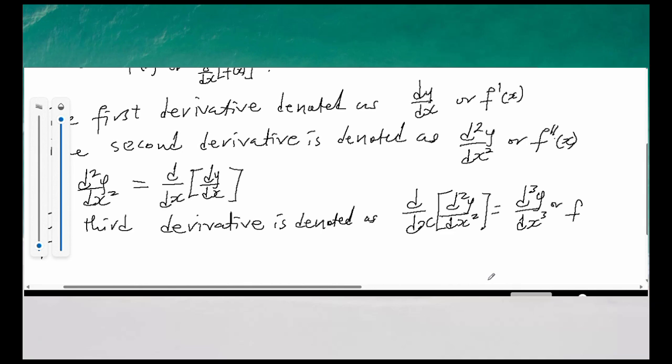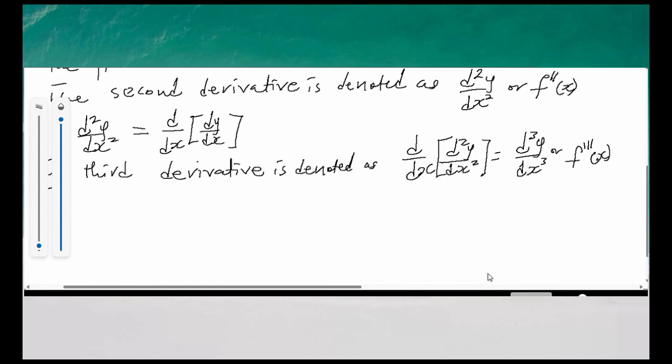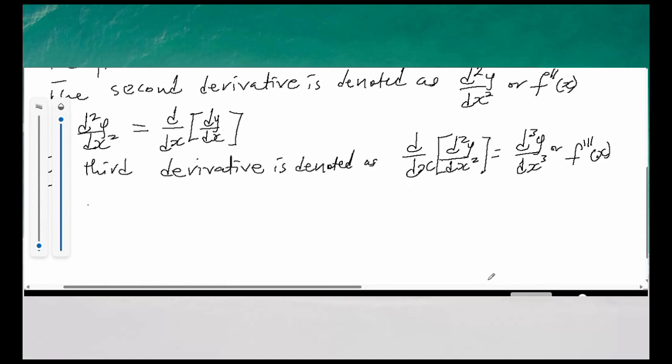The second derivative, we had two primes, so the third derivative is going to be how many? 3, right? So 1, 2, 3, then we have our what? X, meaning the function is with respect to what? X.